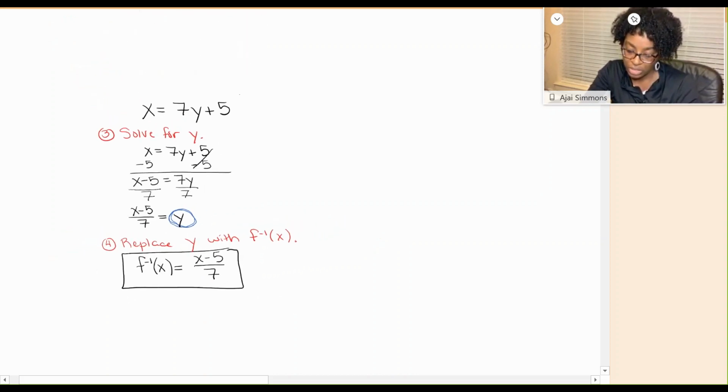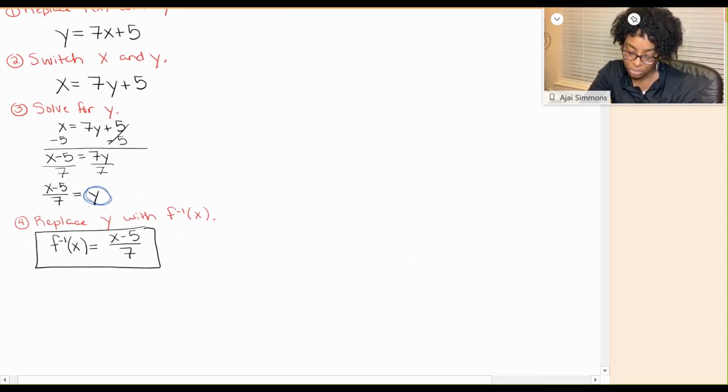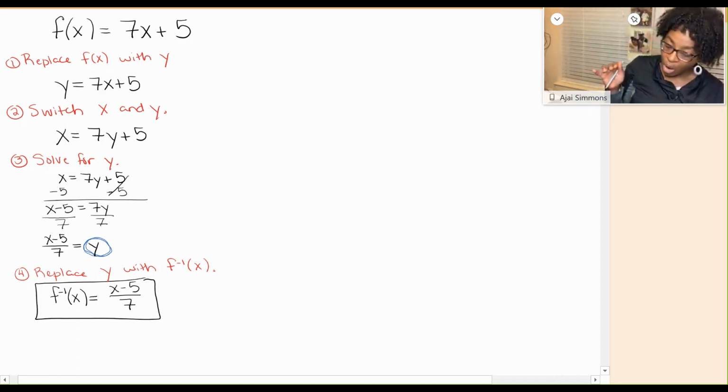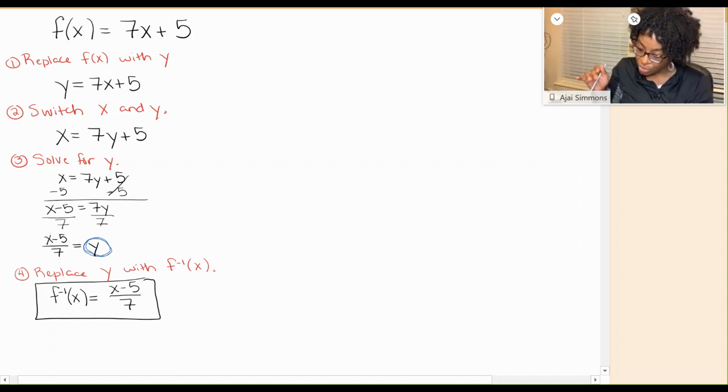So look at these 4 steps. Okay. Step 1, replace f of x with a y. Step 2, switch your x and y. Step 3, solve for y. And step 4, once you solve for y, replace it with the f inverse. And those are all the steps you have to remember. Now, the thing that they're going to do is make the functions more complicated.